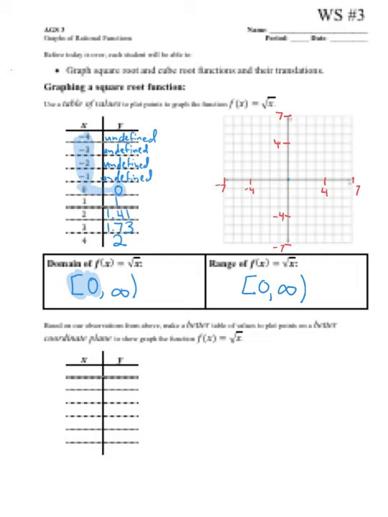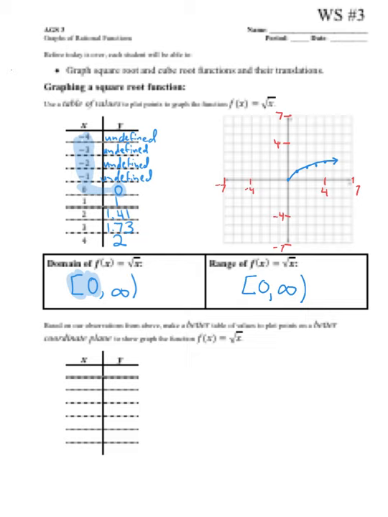And plot some points: 0, 0; 1, 1; 2, 1.41; 3, 1.73; 4, 2. When we sketch our curve, it's going to be a smooth curve. We'll put an arrow on it to show that this goes on forever.